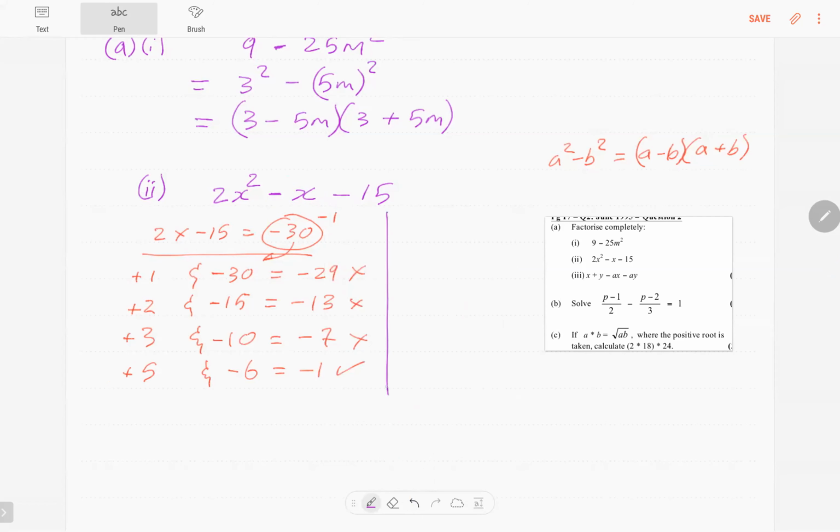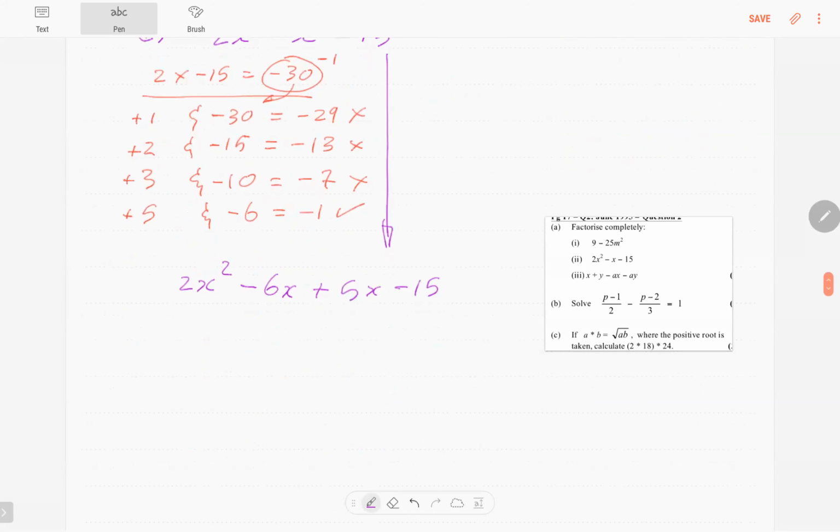And so this then becomes 2x squared minus 6x plus 5x. The minus 6x is what gives us this, and the plus 5x is what gives us that. All right? And we're going to put minus 15.